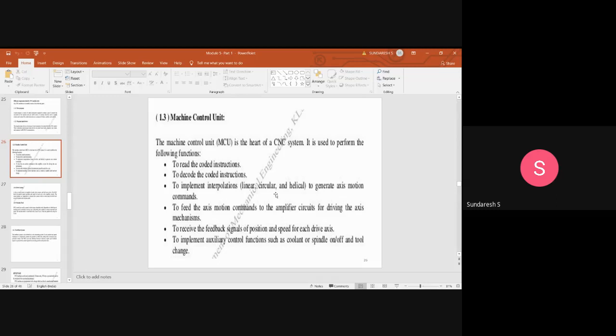It also implements certain auxiliary control functions such as coolant or spindle on/off and tool change, whatever it might be. So these are the main functions of the MCU, because the MCU forms the heart of a CNC system. Most of the functions of the machine tool are under the control of this machine control unit. Okay.